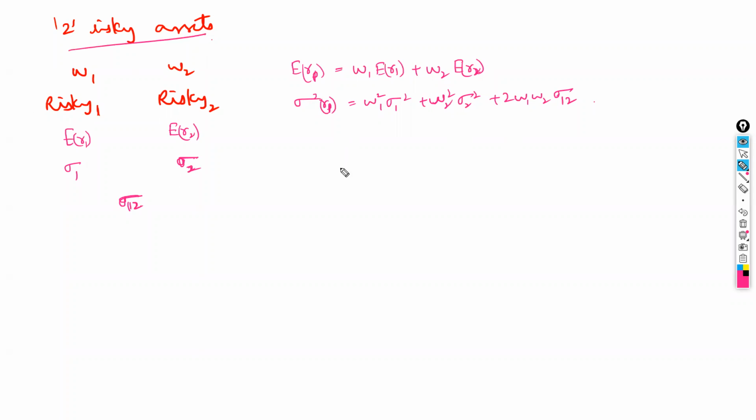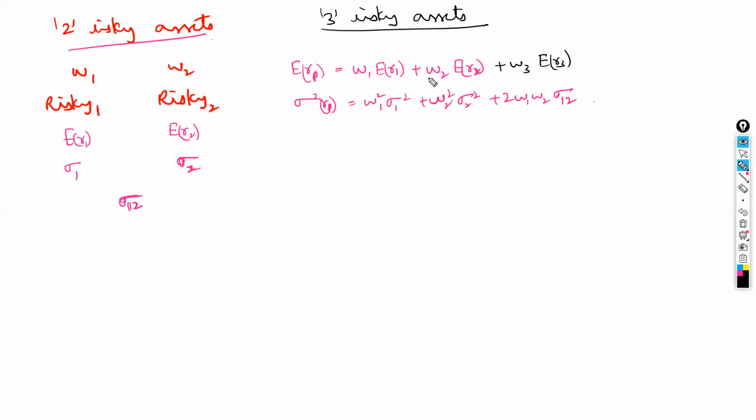Instead of 2, if we were to add 3, then what happens? Instead of 2, now I want to bring in one more risky asset and total say there are 3 risky assets. Then you write this as W3, expected return of 3.